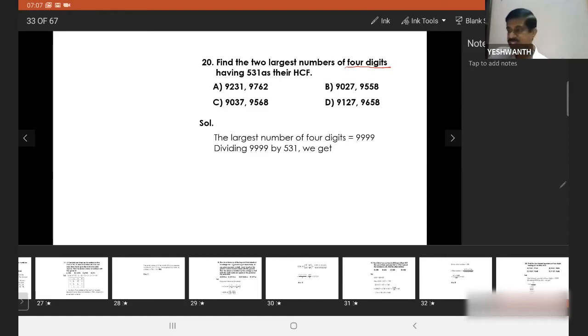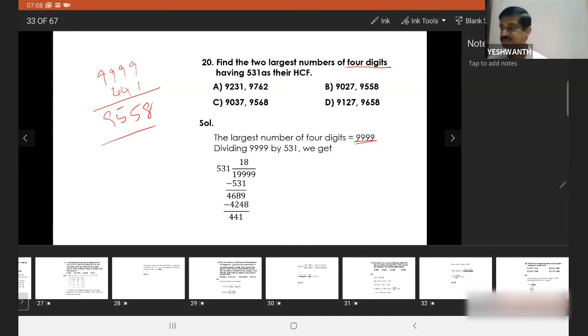So when you divide 9999 by 531, we get a remainder of 441. Remainder cannot be there, it should be 0, so you subtract 441 from 9999. 9999 minus 441 gives 9558, which is one of the numbers.